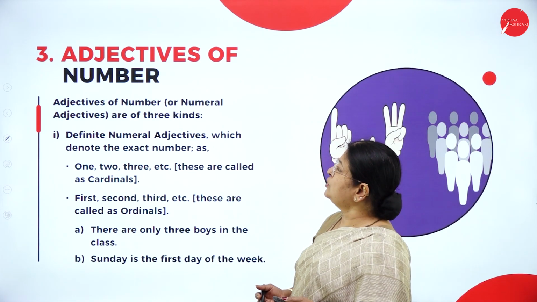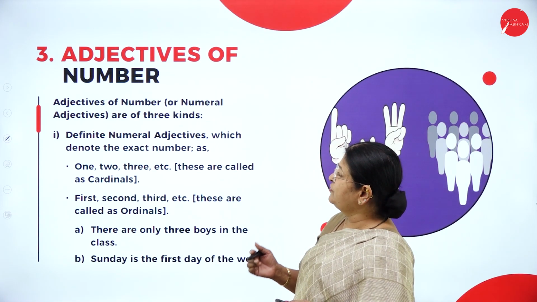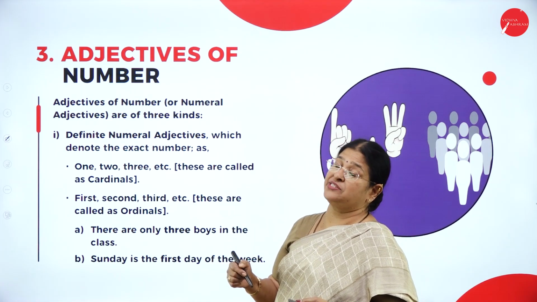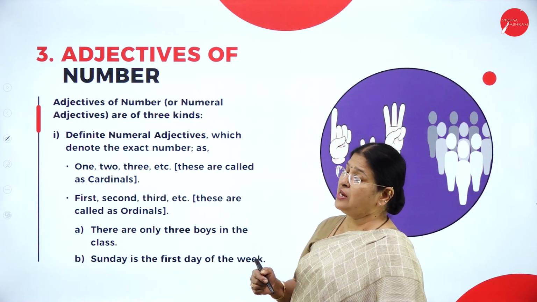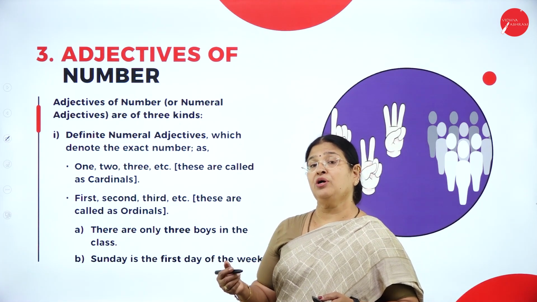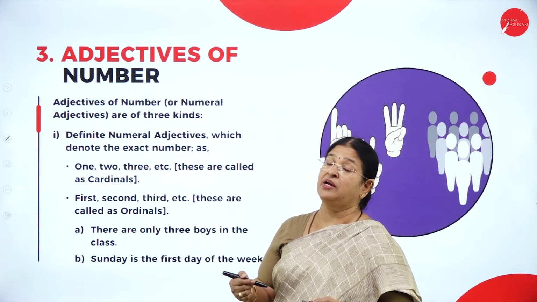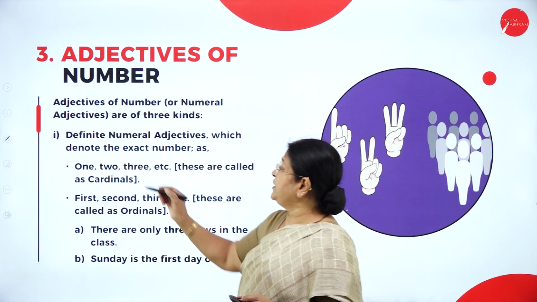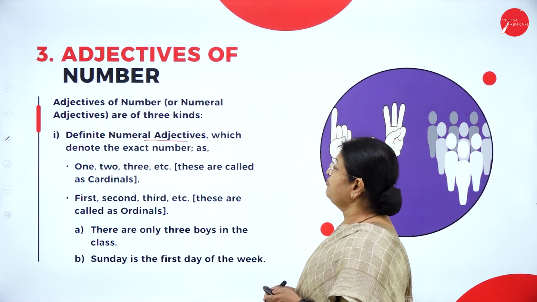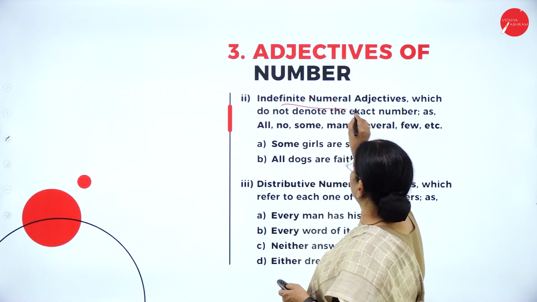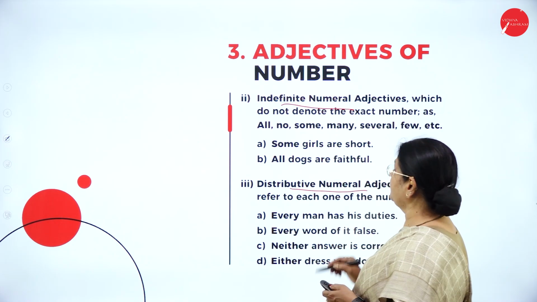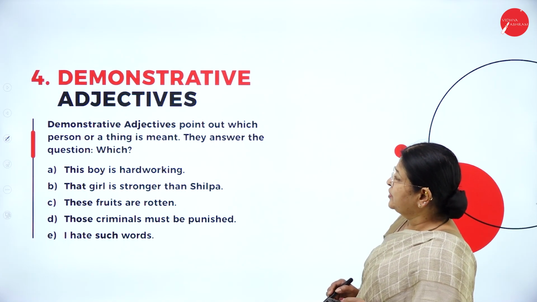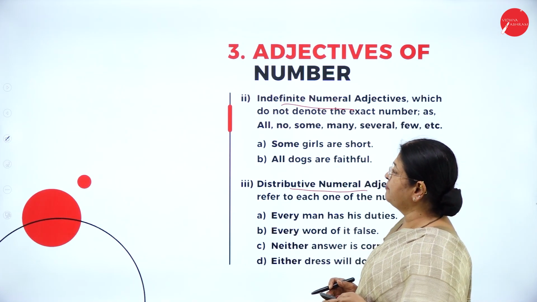Let me move on to the kinds of adjectives of number or numeral adjectives. So we got to know what adjectives of number are. Again, adjectives of number are broadly classified into definite numeral adjective, indefinite numeral adjective, and distributive numeral adjective, the 3 kinds.